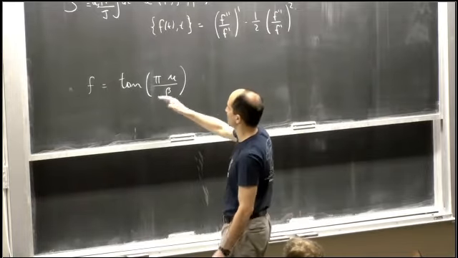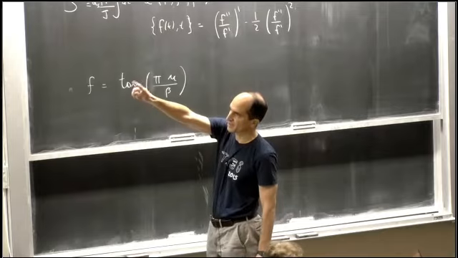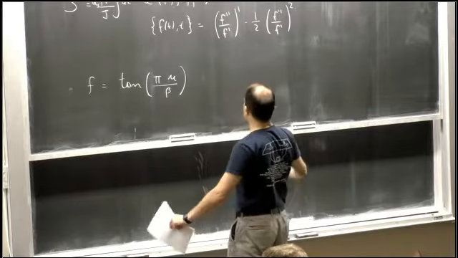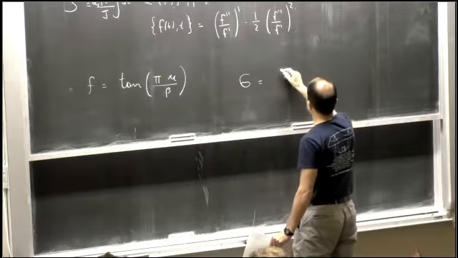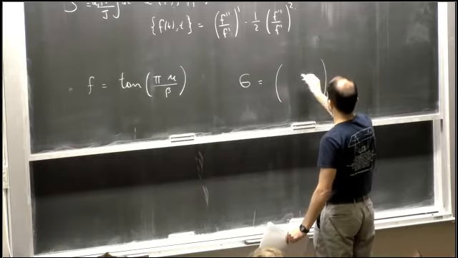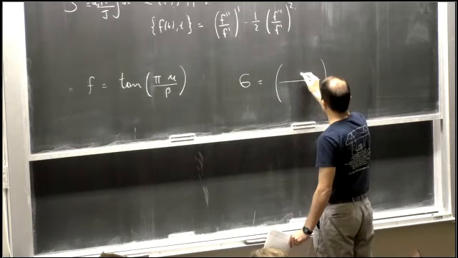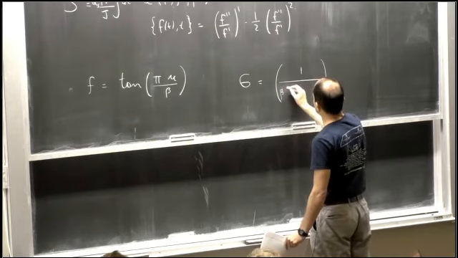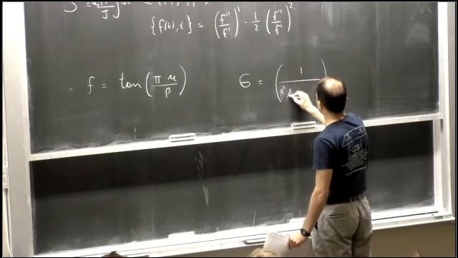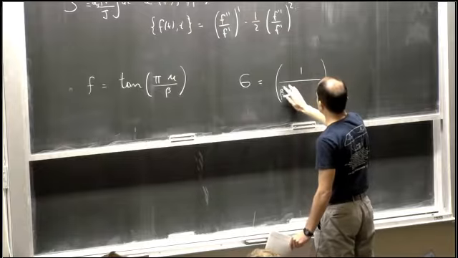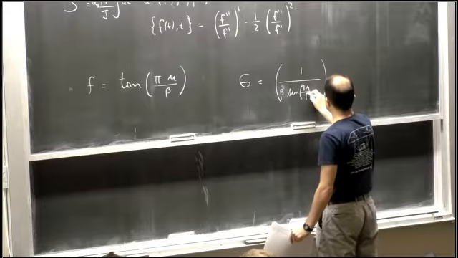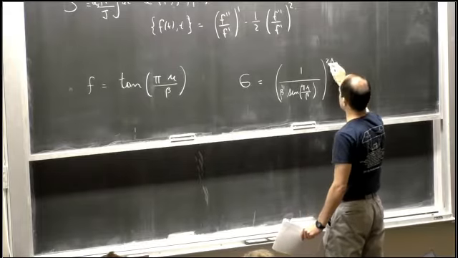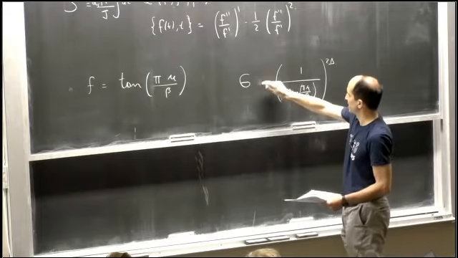And if we insert this into the expression in the top left corner of the blackboard there, we would find the finite temperature correlator, which follows again from conformal symmetry and has the form 1 over beta squared, sine of pi u over beta, to the 2 delta, proportional to.